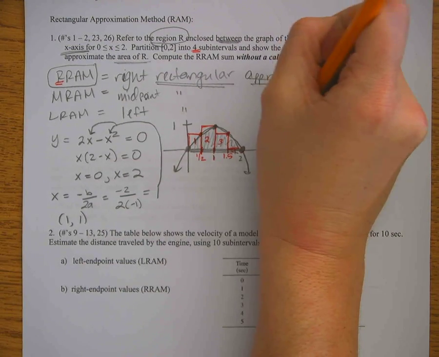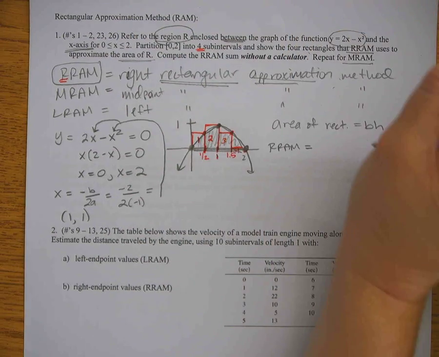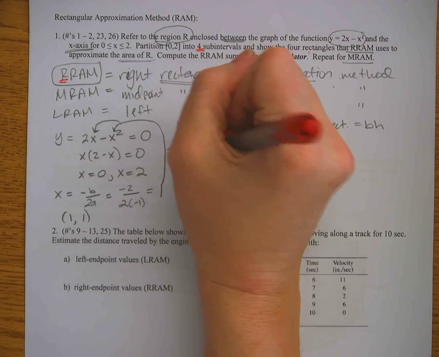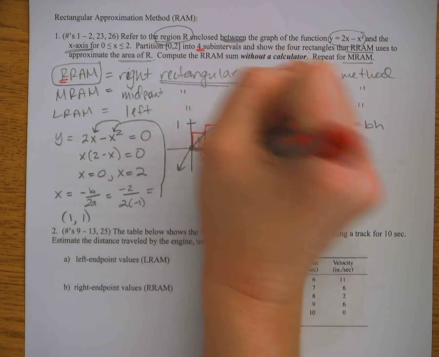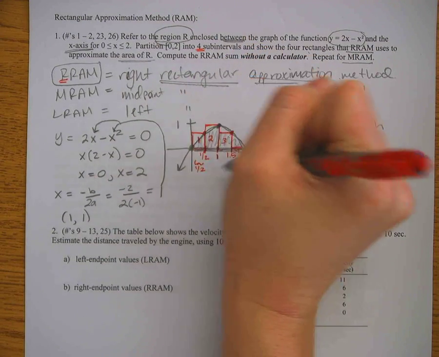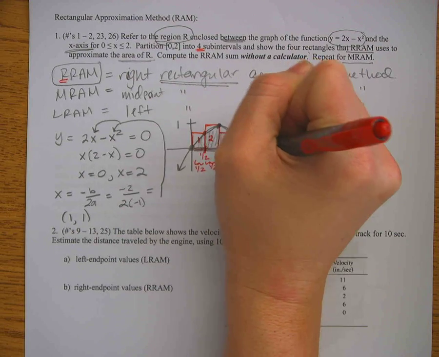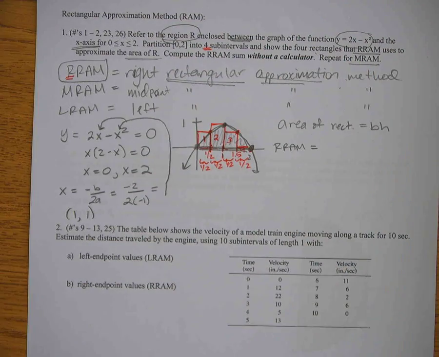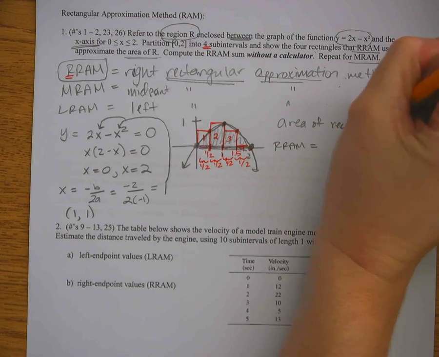And so my RAM is going to equal, oh, and then also notice the way that these have been split is so that the bases are the same for all 4 rectangles. So that base is 1/2, that base is 1/2, that base is 1/2, and the final base is 1/2. So that makes it easy. They all have the same base.